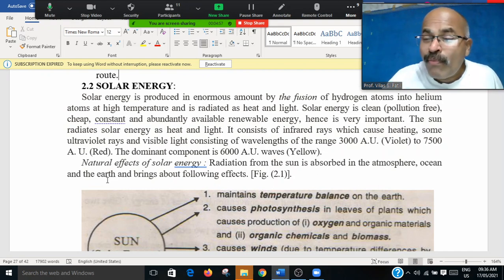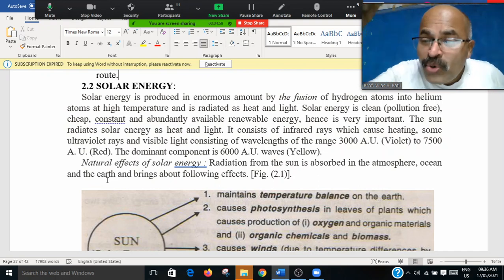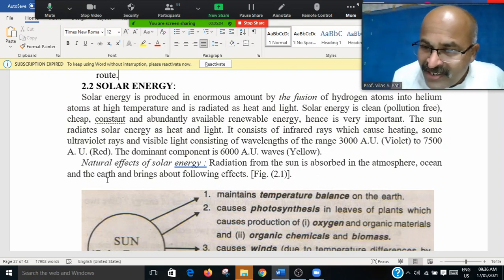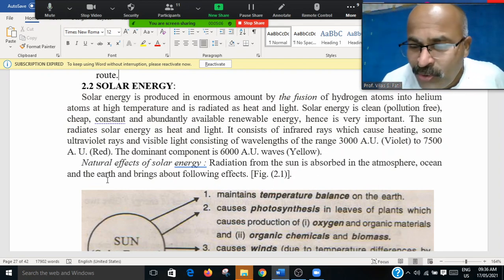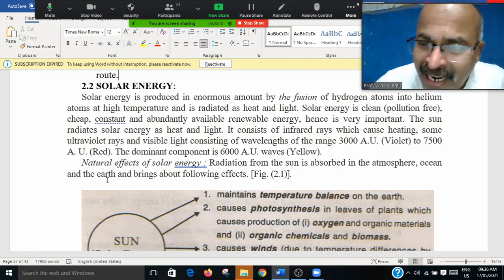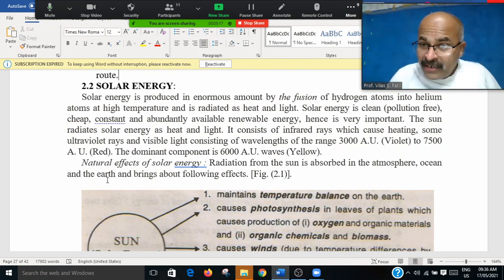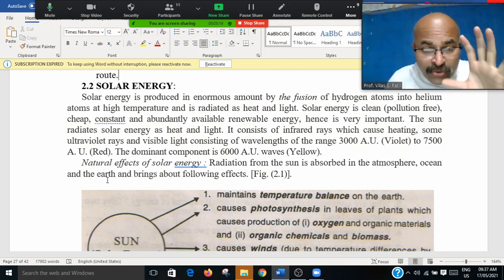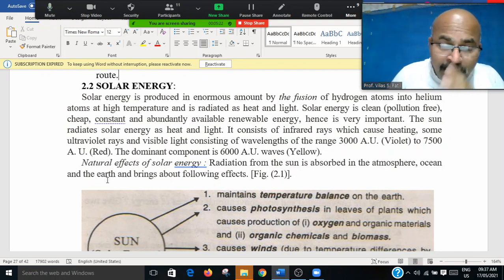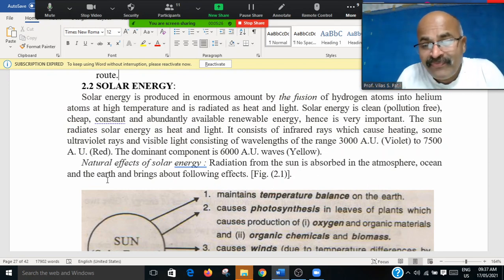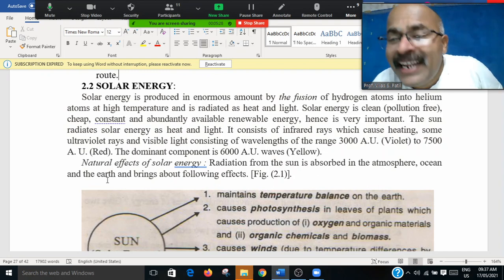It means how much amount of the energy is present on the sun surface. And on the sun surface, due to the atomic fusion of the hydrogen, the helium is formed, and that reaction is the exothermic reaction, and we get an enormous amount of the heat energy, and we just get light here, and that light has some amount of the heat radiation.